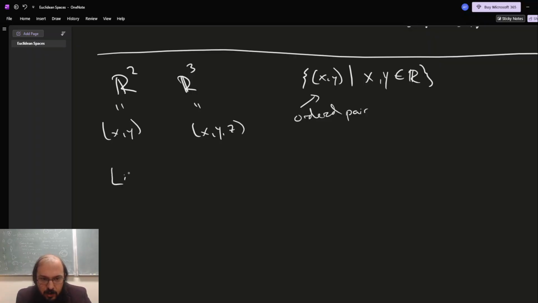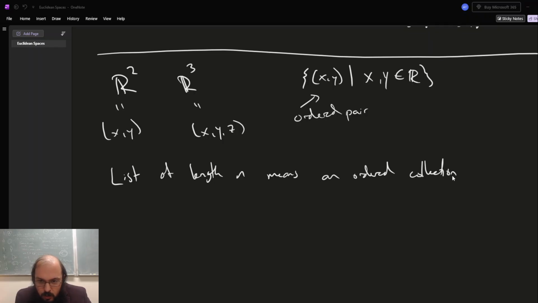Axler tells us that a list of length n means an ordered collection of exactly n elements. And so elements of this R2 are lists of length 2. Elements of this R3 are lists of length 3. And what kind of list are they? They're lists of real numbers.